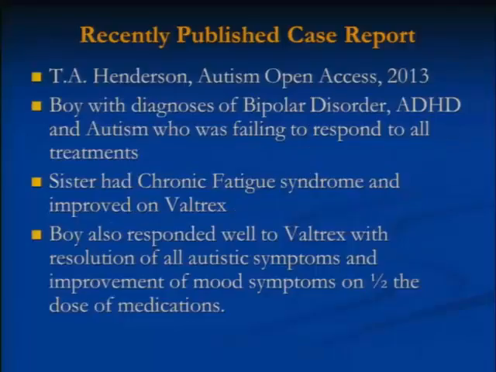Let's see. And the case report, you can pick up a case report in our booth of a boy who was diagnosed with bipolar disorder, ADHD, and autism. He'd been at Children's Hospital for 7 admissions, I believe. He'd been diagnosed with the ADOS 3 times as having autism. His sister had chronic fatigue, and I had treated her with an antiviral. And so we started him on an antiviral, and all of the autistic symptoms went away.